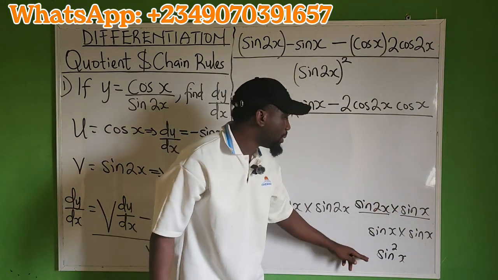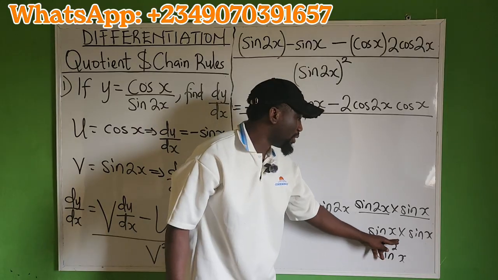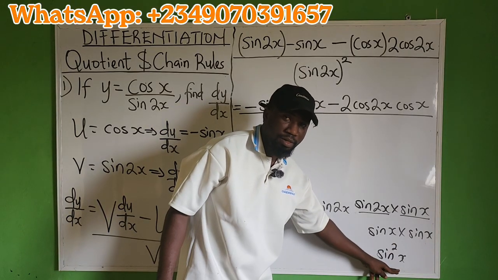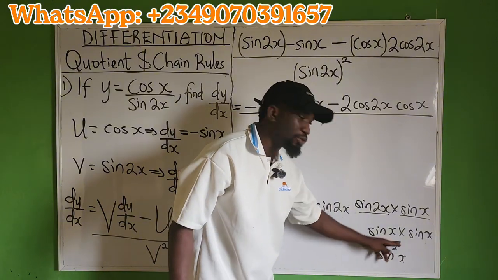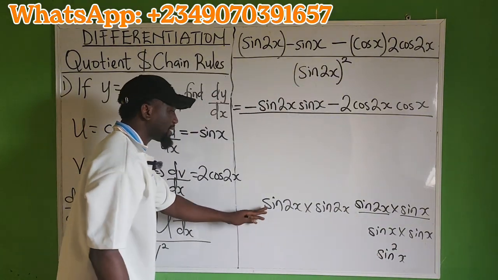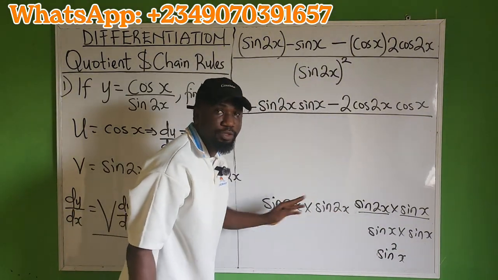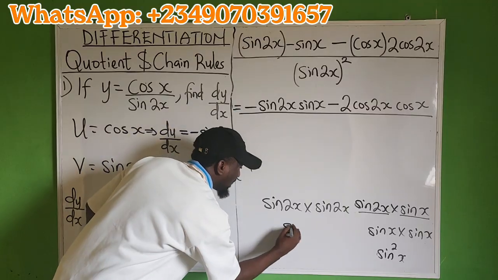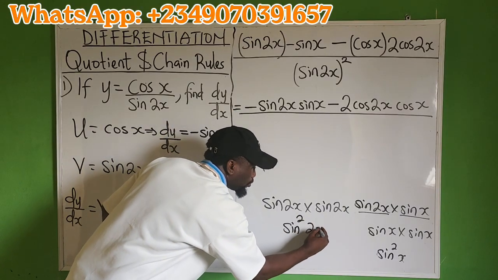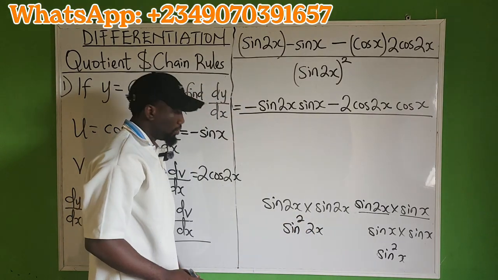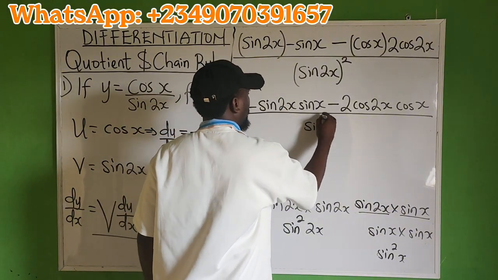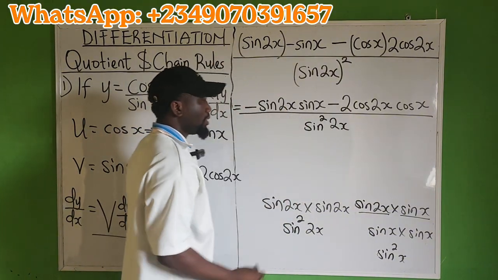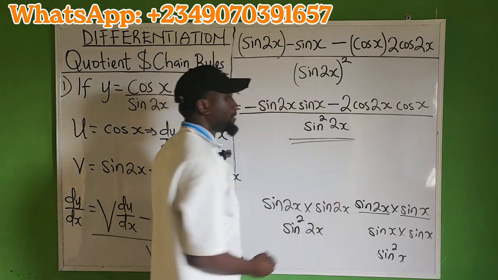Please do not make this sine x squared. No. Sine squared x. So here now we have sine 2x multiplied by sine 2x. And here we are going to have sine squared 2x, just similar to this. Alright, so we have sine squared 2x. And this will be our final answer.